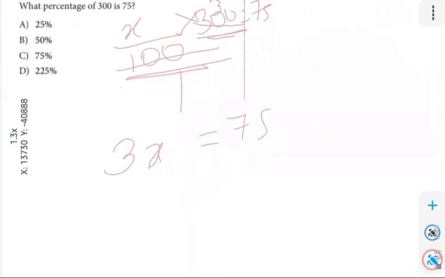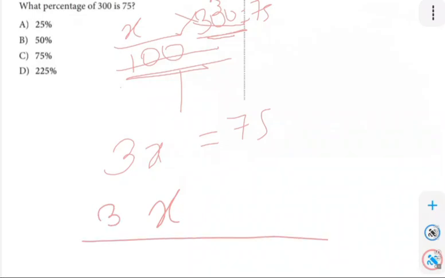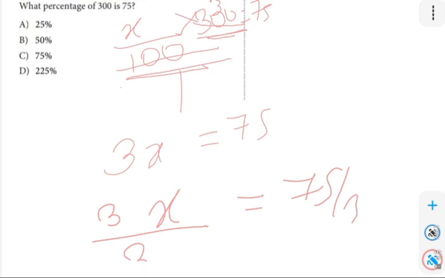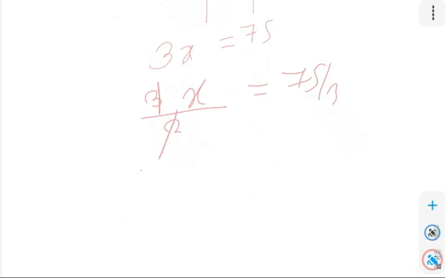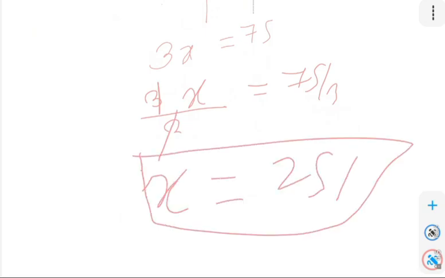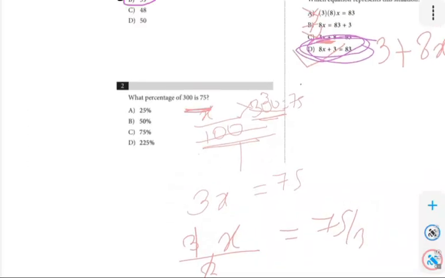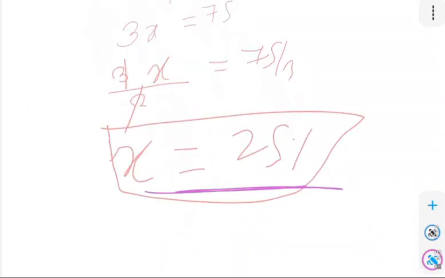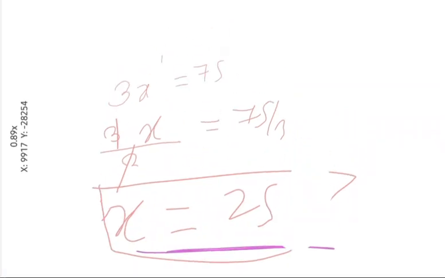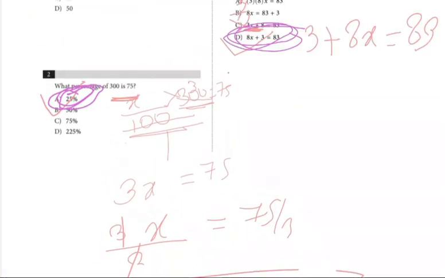And if we divide 3 from both sides, we divide 75 by 3, the 3 cancels out, and we got the value 25. When we do 25% of 300, it equals 75. So here the correct option is A, which is 25. When we take out 25% of 300, we get the value 75.